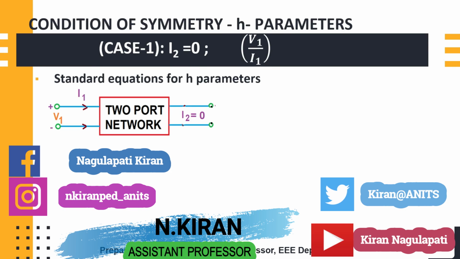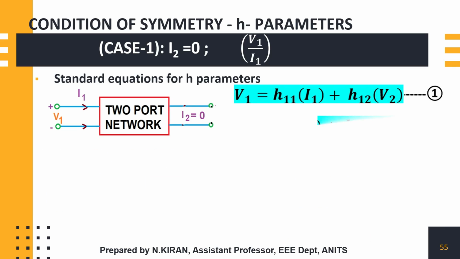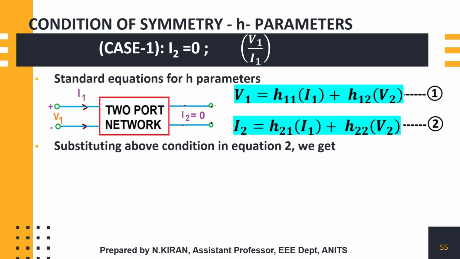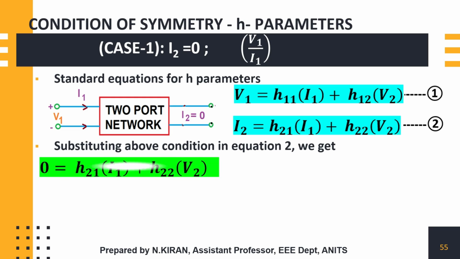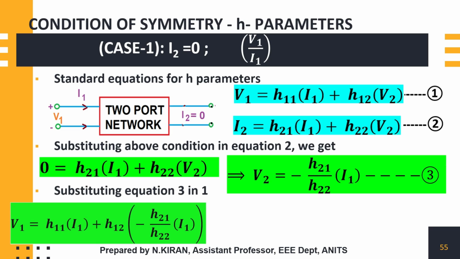So the standard equations for H parameters are as follows, which we consider as equations 1 and 2. Here also I'll open circuit the second port and substitute the value of I2 as 0 in both the equations, which will give me 0 is equal to H21 I1 plus H22 V2 from the second equation, and the first equation is V1 is equal to H11 I1 plus H12 V2, which will remain the same.